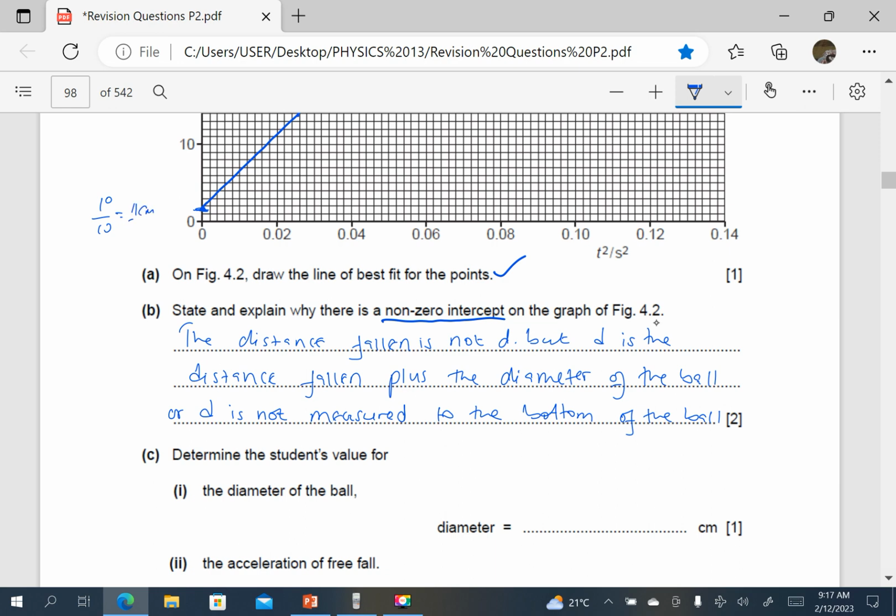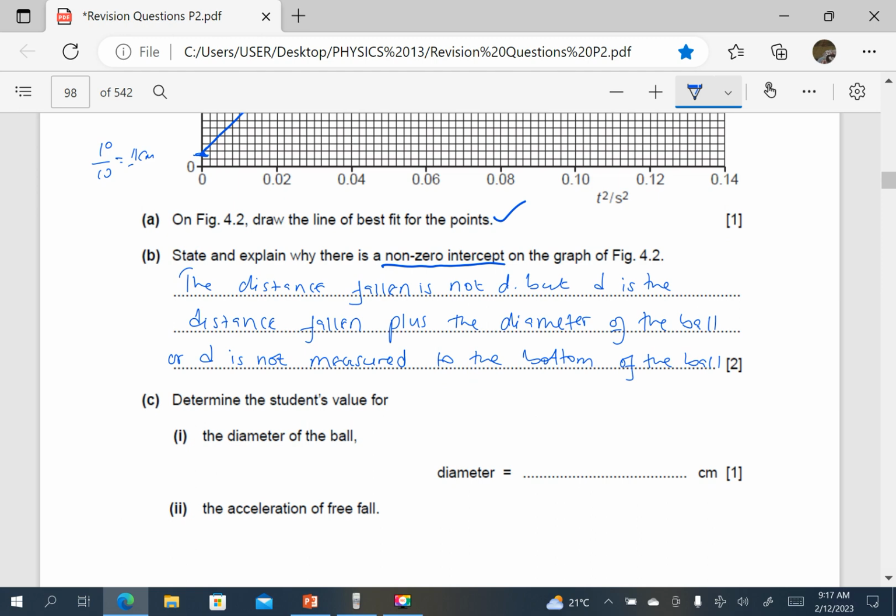So the diameter of the ball is approximately 1.5 centimeters. Depending on how accurate your line of best fit is, we can allow plus or minus 0.5 centimeters, meaning you could have your diameter as 1 centimeter or 2 centimeters. But mine is approximately 1.5.